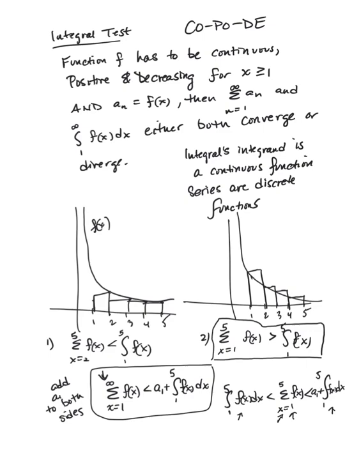I'm showing that the series from 2 to 5 of f of x is less than the integral from 1 to 5 of f of x. Because when you have a right Riemann sum, remember, a right Riemann sum, you have a decreasing f of x, a right Riemann sum is going to be an underestimate.